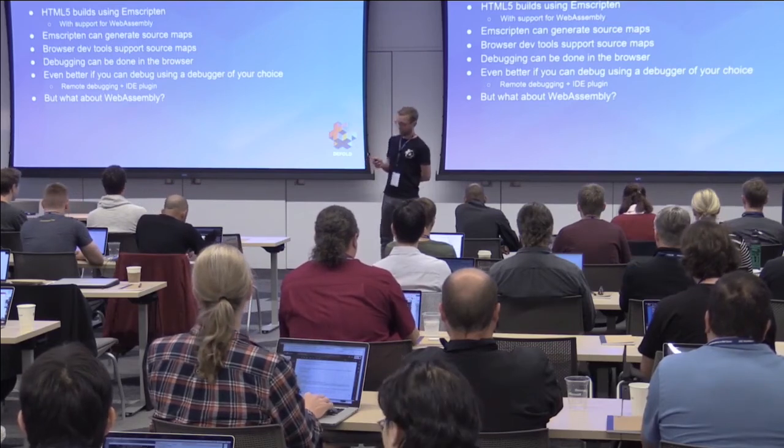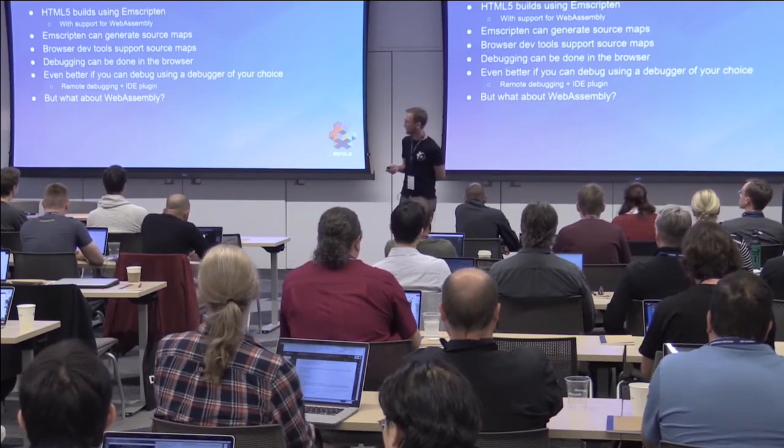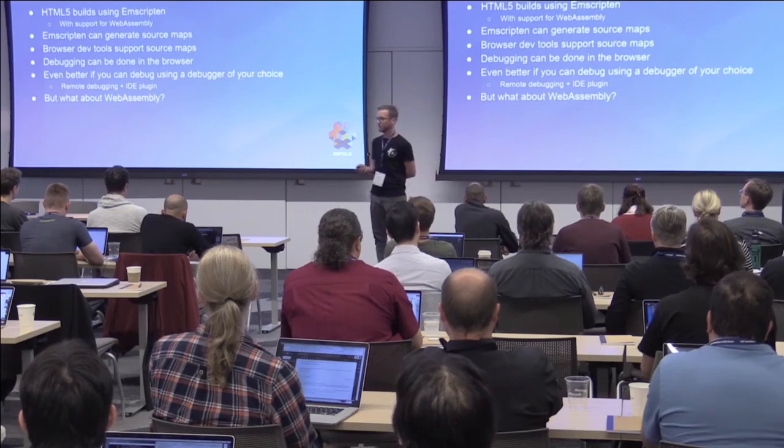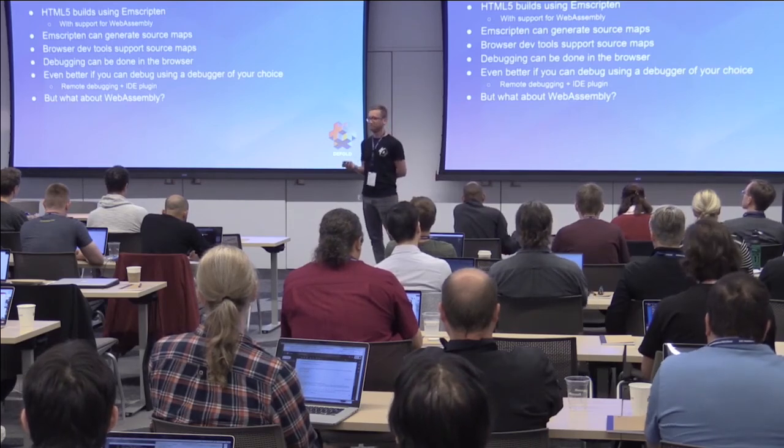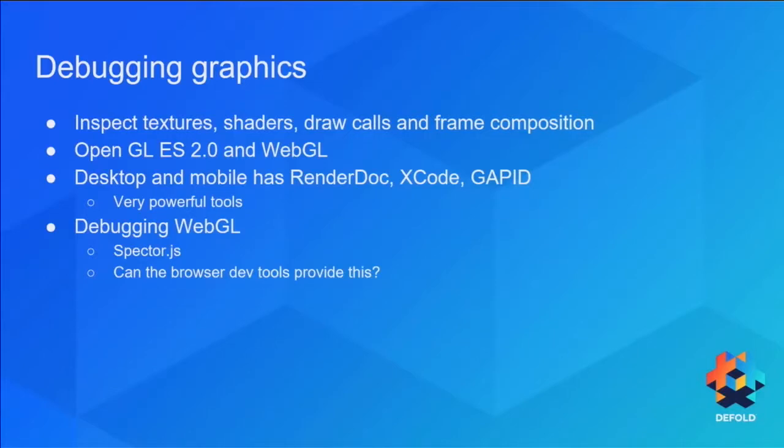So that's a bit about what we see as problems. We'd like to use our own tools, of course, the tools we are familiar with, and not specifically the browser dev tools, if possible. And then debugging graphics, it's also, of course, important for us. So we'd like to be able to inspect the textures uploaded to the GPU.